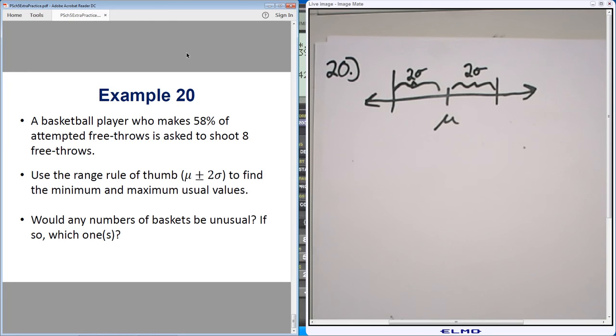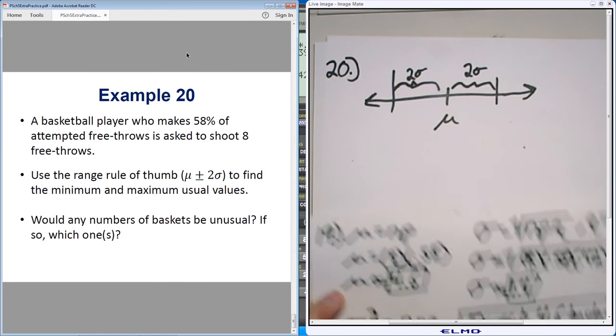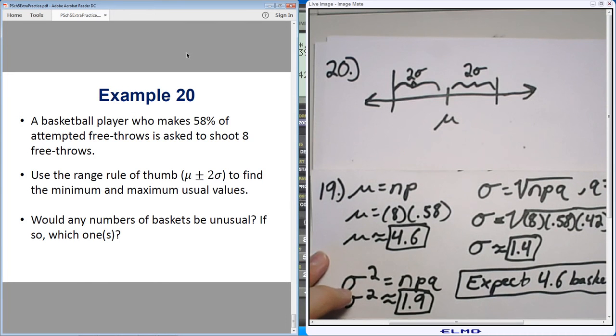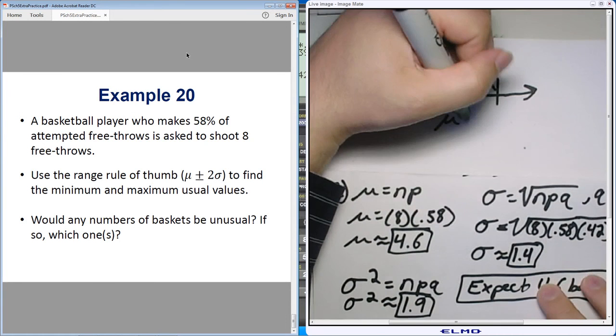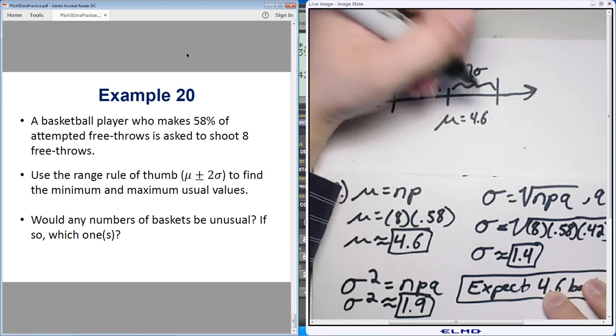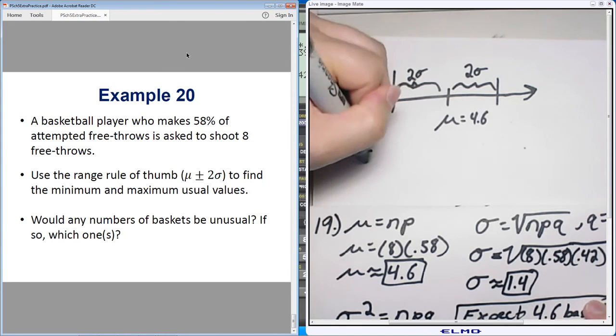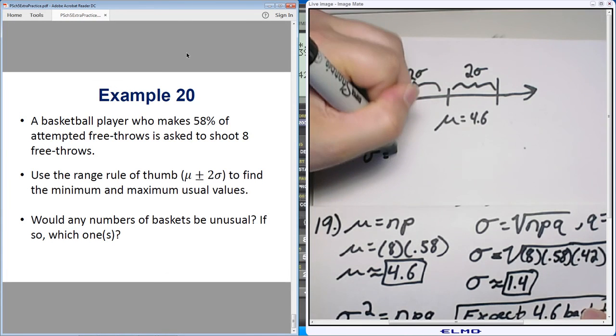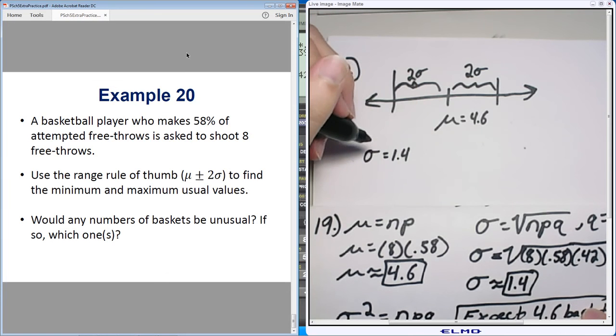But wait, we do. We just did that in number 19. There they are. So the mean here is 4.6, and sigma, the standard deviation, was 1.4.